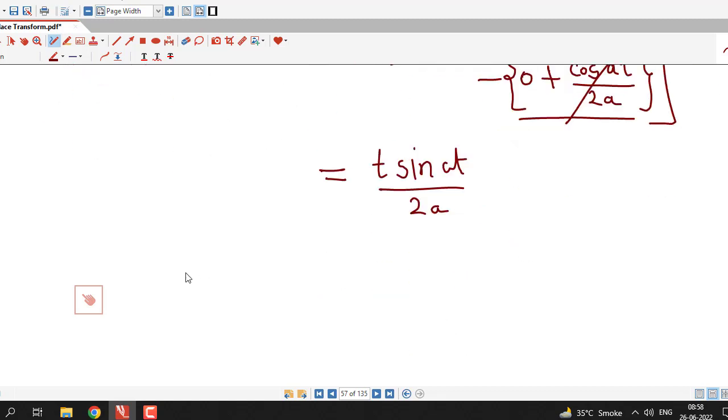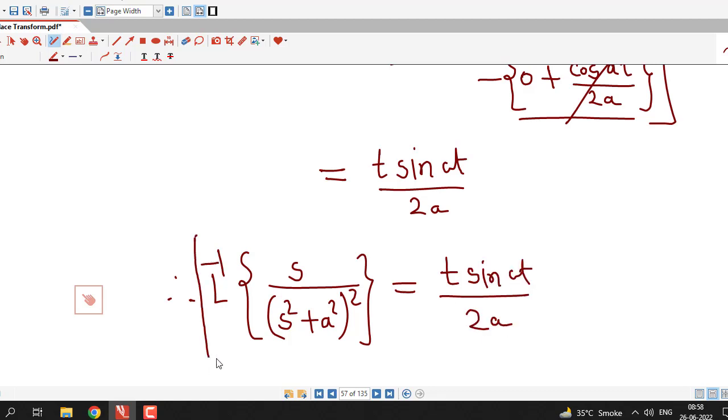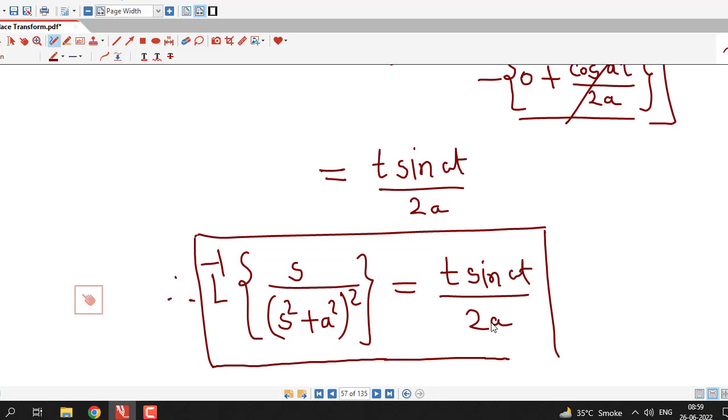Therefore, we have shown that the inverse Laplace transform of s divided by the square of (s square plus a square) is equal to t sin at divided by 2a. And we will remember this formula. Sometimes we will need this formula to obtain the inverse Laplace transform of those functions which can be written in this form.